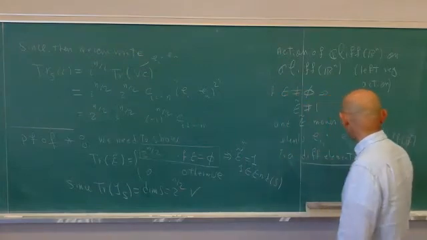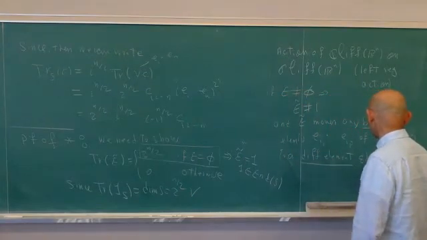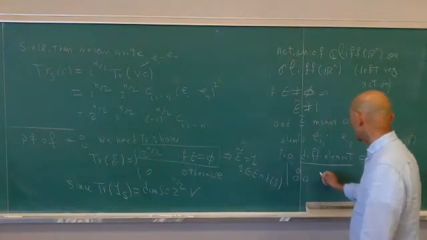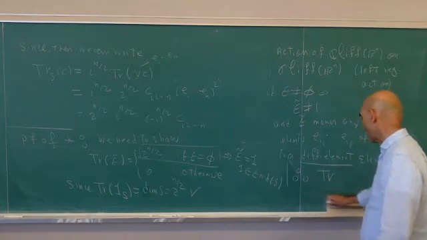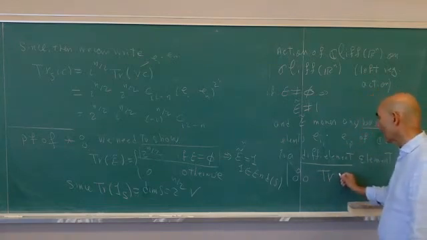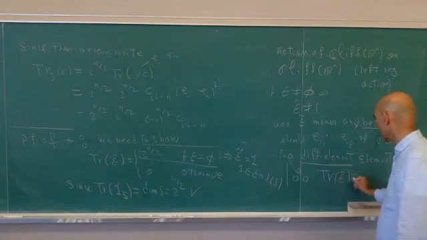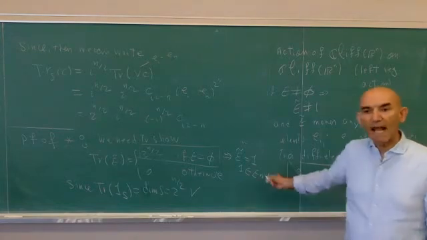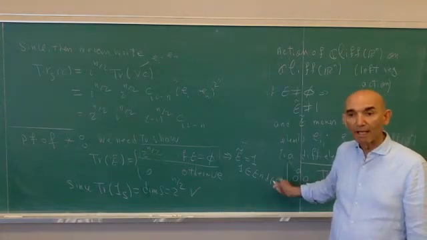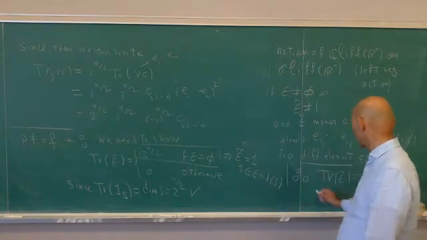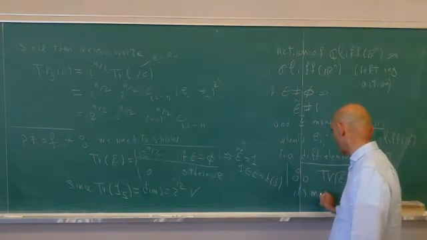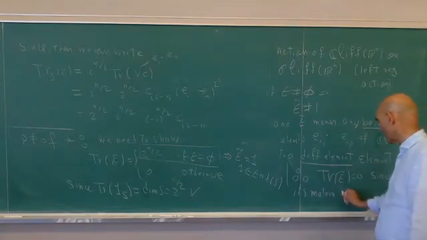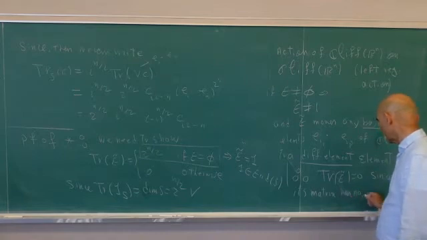So it follows that the usual trace of E tilde is equal to 0, since the matrix of E tilde in the standard basis for Cliff has no elements on the diagonal. In the basis that I just discussed, there is no diagonal element.